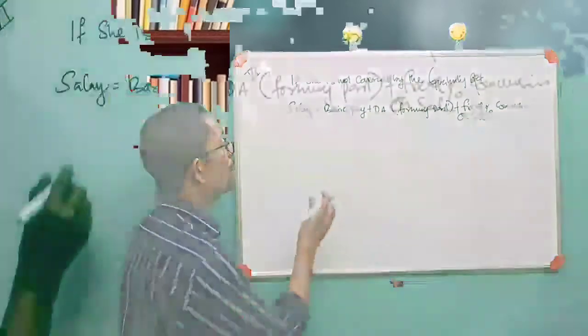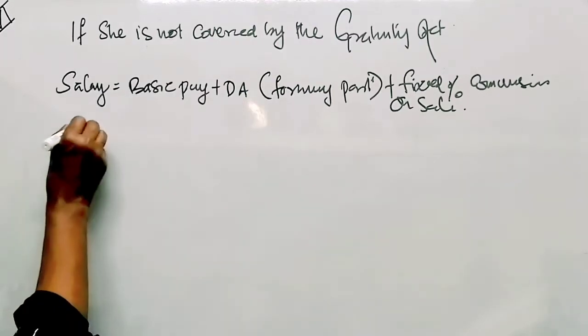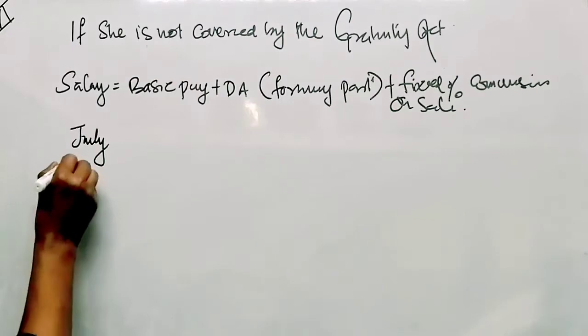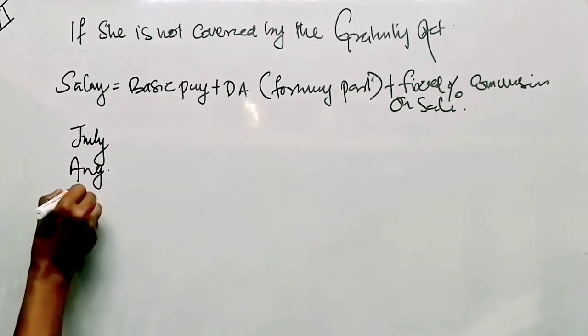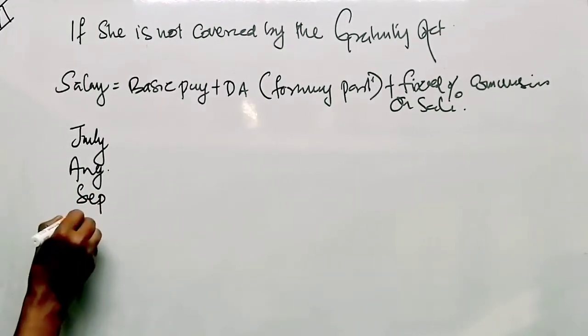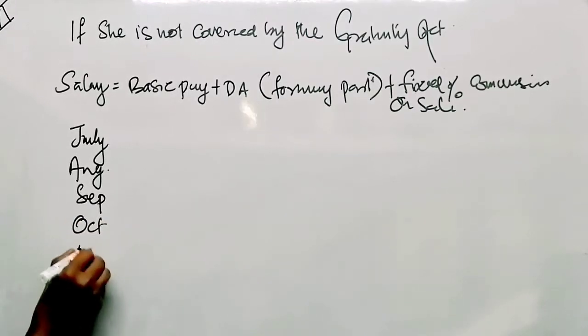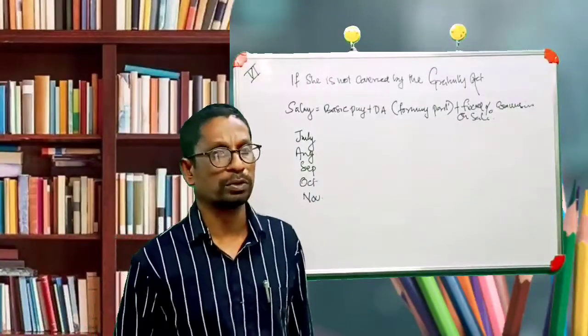Listen now, without considering the month of retirement, we can say in July she is getting 21,000, August 21,000, September 21,000, October 21,000, and November also 21,000.